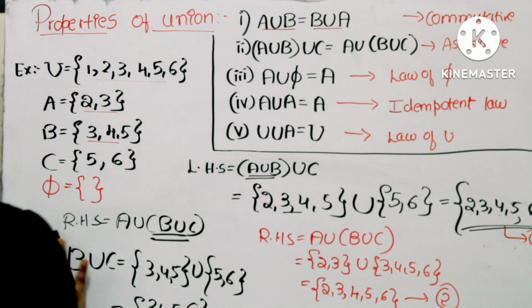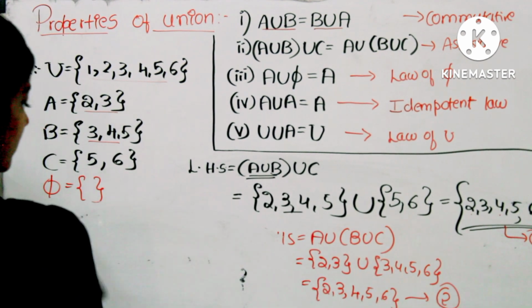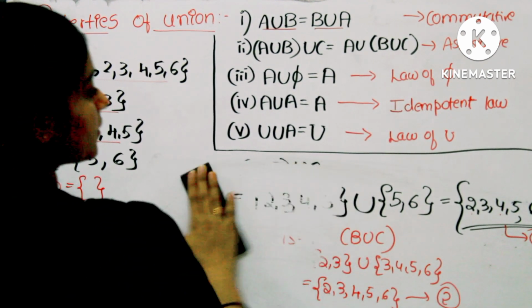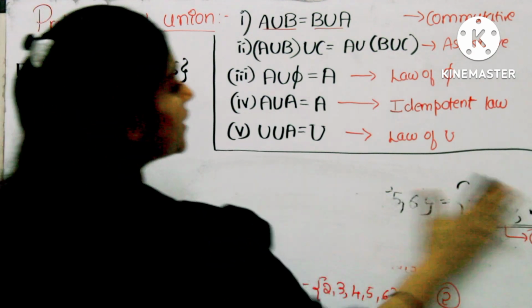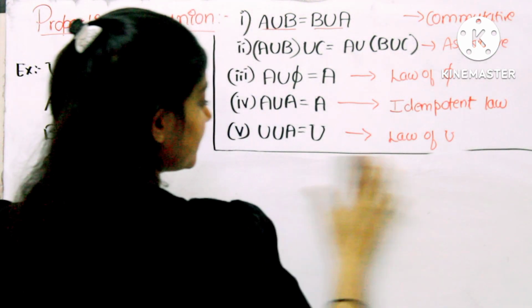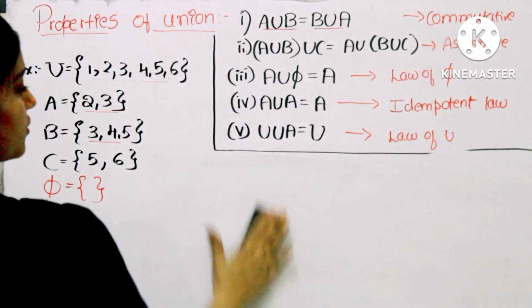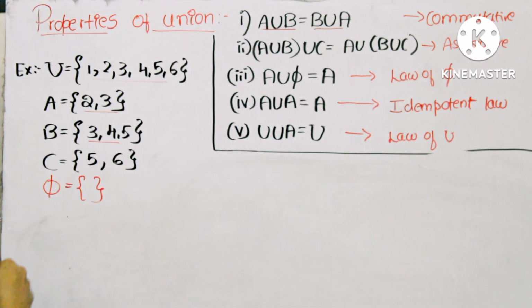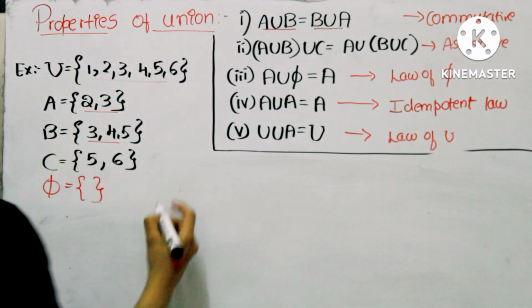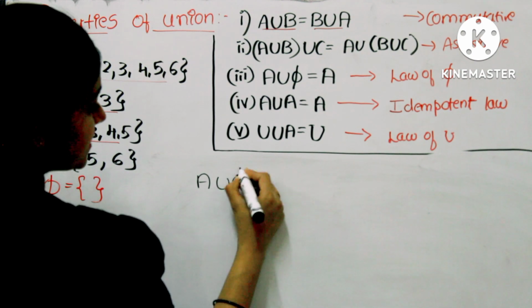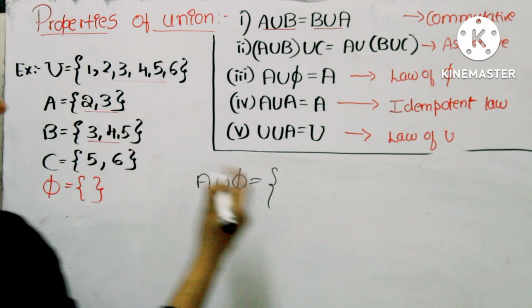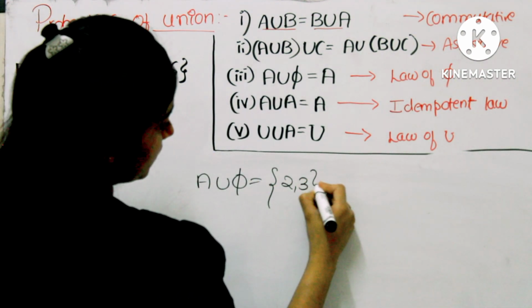You can see here. Next is A union empty set is equal to A. So if you see here, A union empty set. What is A here? 2, 3.